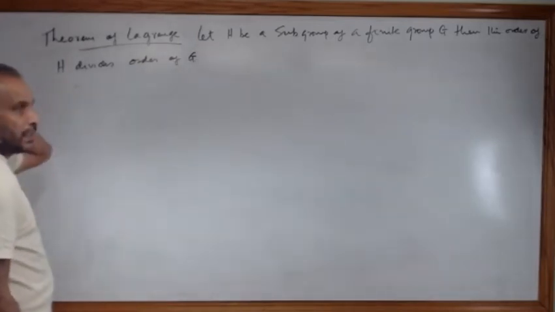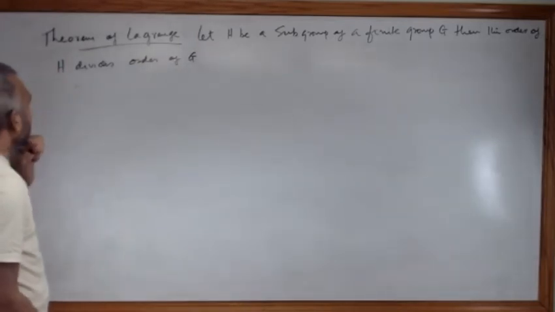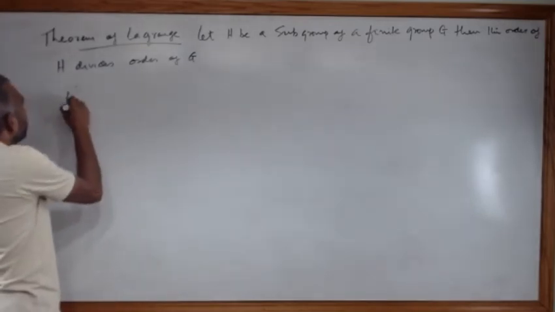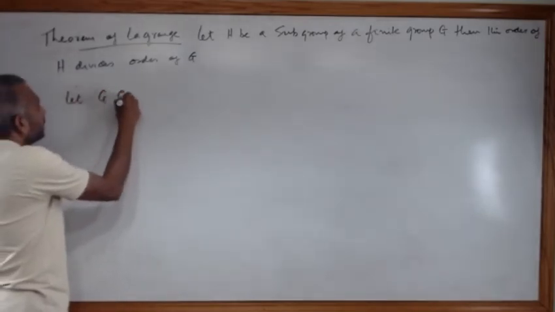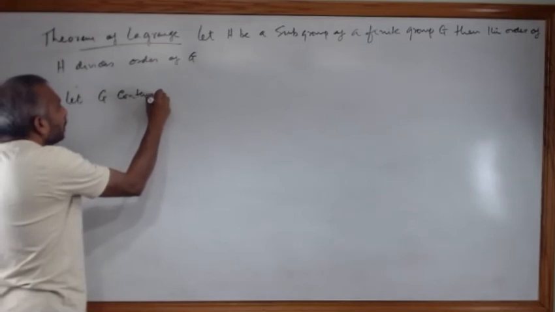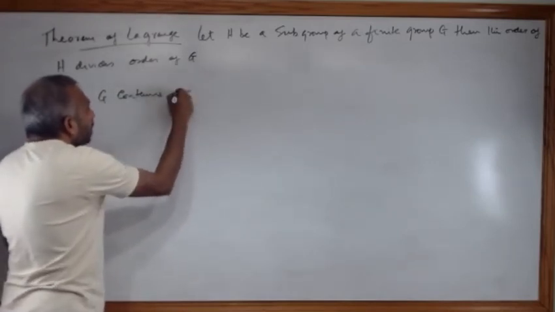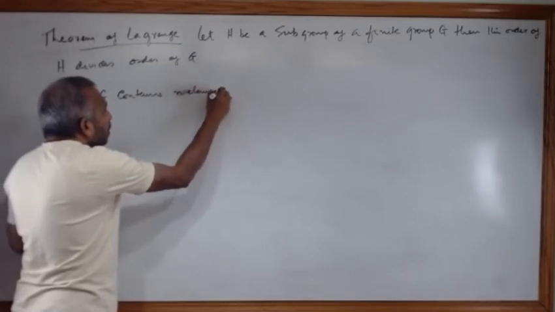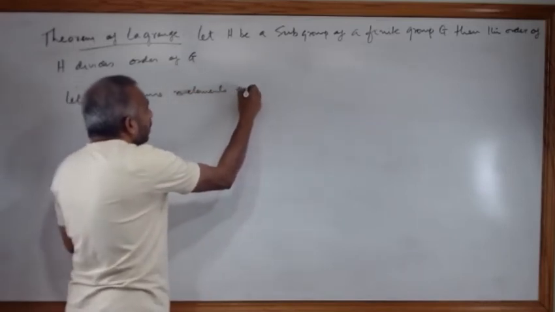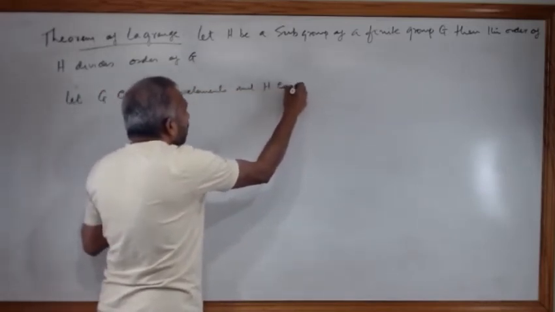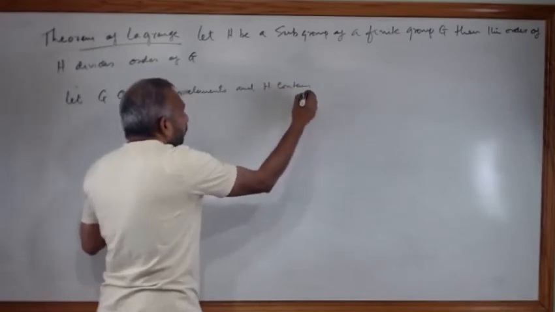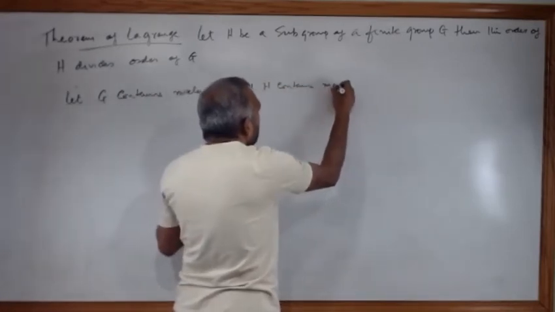This is actually very straightforward from the previous result. So let G contain n elements and H contain m elements.